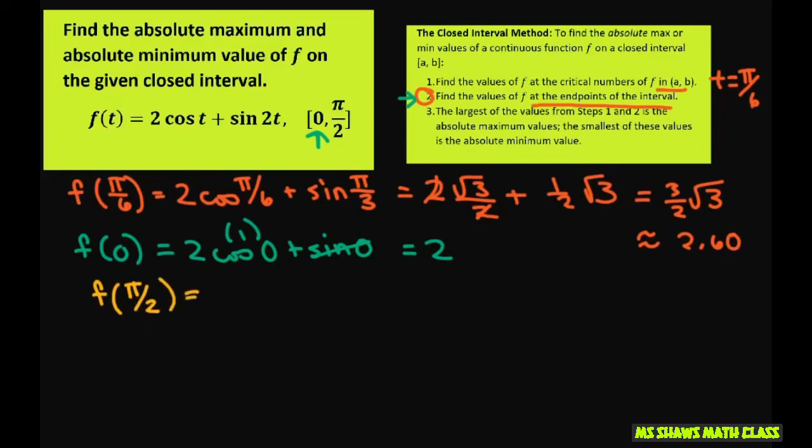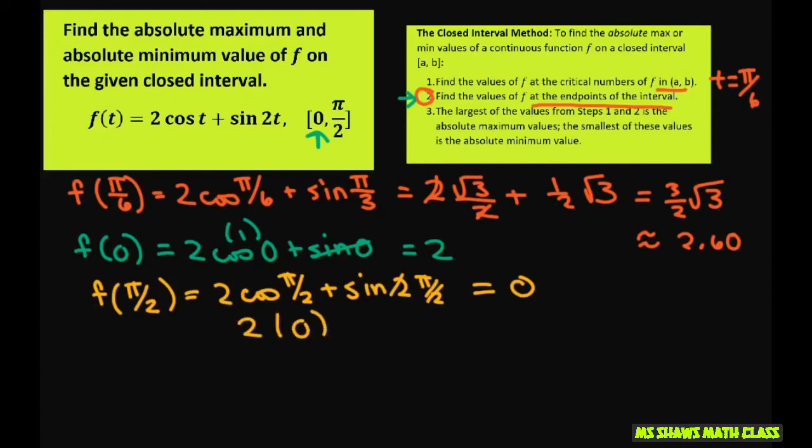So if you put in 2 cosine of pi divided by 2 plus sine of 2 times pi divided by 2, this is going to give you 0, because sine of pi is 0. So this is 2 times 0 plus sine of pi, which is 0.